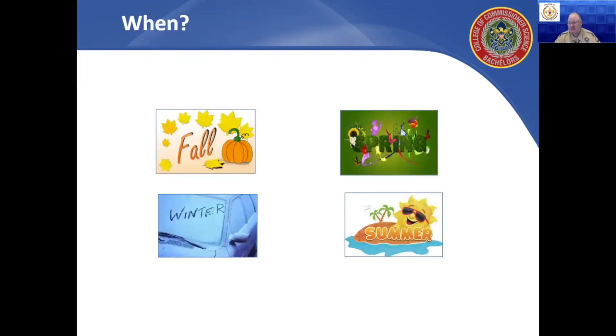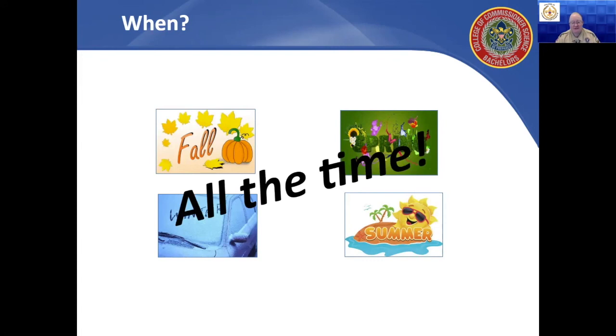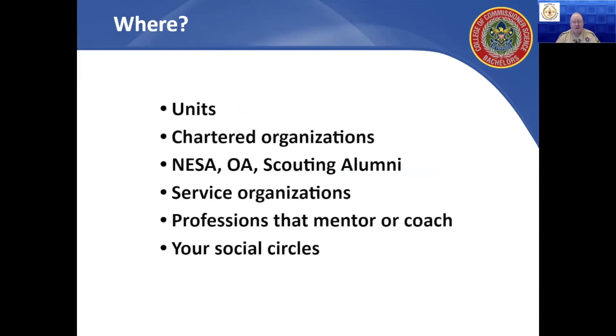Okay, when do we recruit? We're not going to spend a ton of time here. We could talk about when's the best time to recruit, fall roundups, other things, but basically all the time. We're continually looking for individuals. Where can we find them? They can come out of units, they can come out of chartered organizations, the NESA, OA, others.